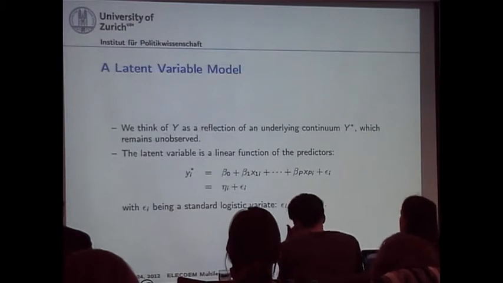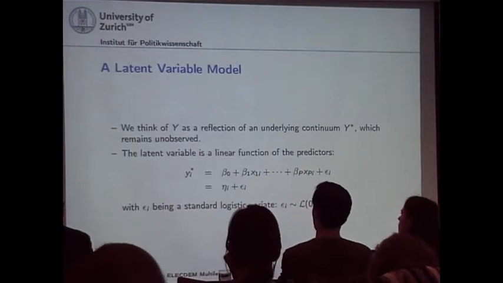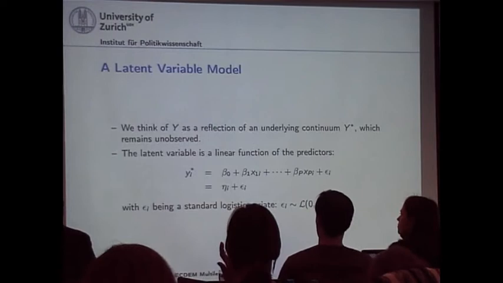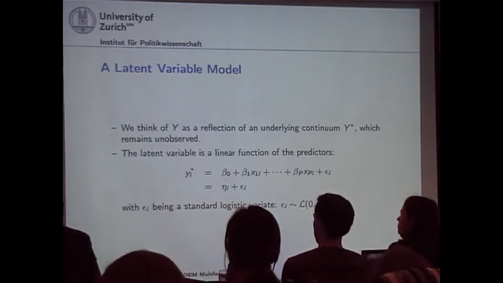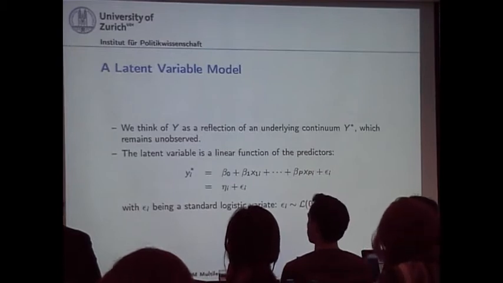Now, that is one way to think about the model. I actually think that for some other purposes, it's sometimes more useful to think of this in terms of the latent variable model.